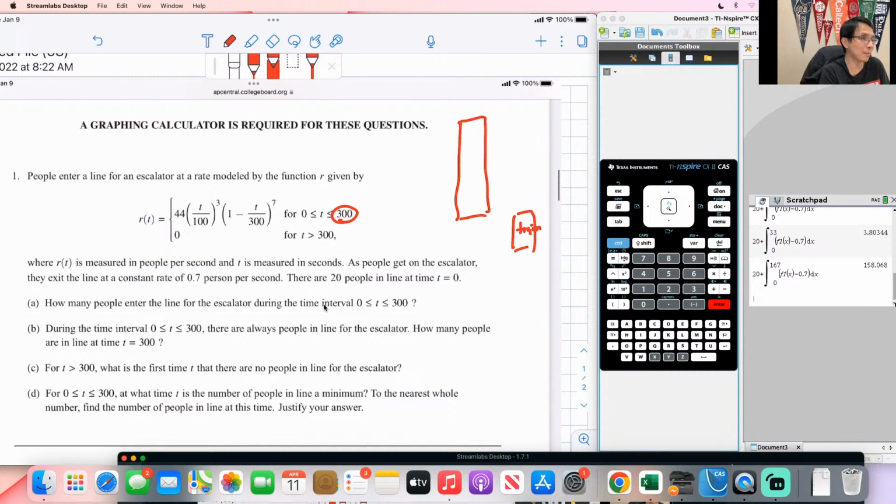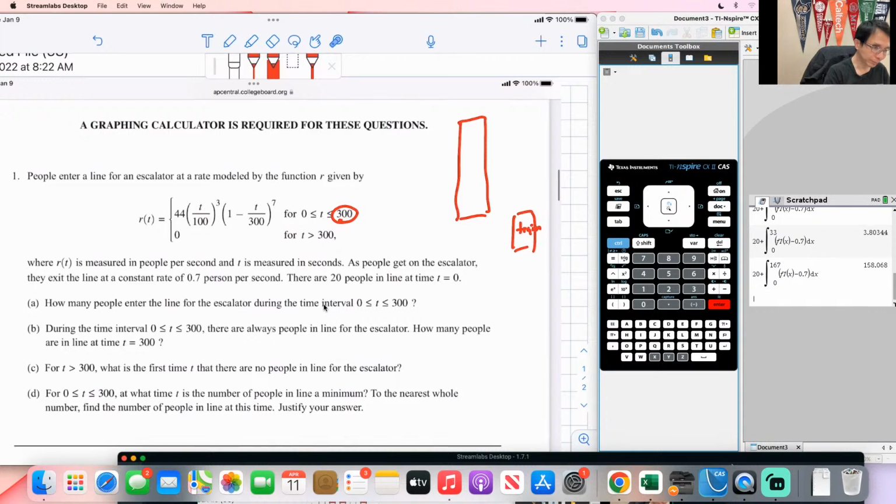But after 5 minutes, nobody goes onto the escalator anymore, and people are only slowly leaving it. It's the same situation here. After 300, nobody is entering the escalator, but there are still people leaving at 0.7 person per second. That's the situation you have to see.